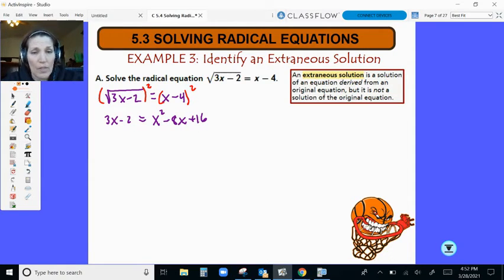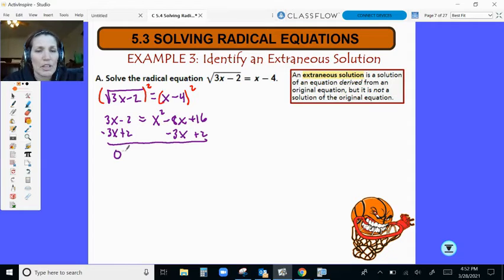Well, now I have a quadratic all of a sudden. So I'm going to have to get this all equal to 0. So this becomes 0 equals x squared minus 11x plus 18. Factors of 18 that add up to negative 11 give me x minus 9, x minus 2. So our solutions are going to be x equals 9 and 2.